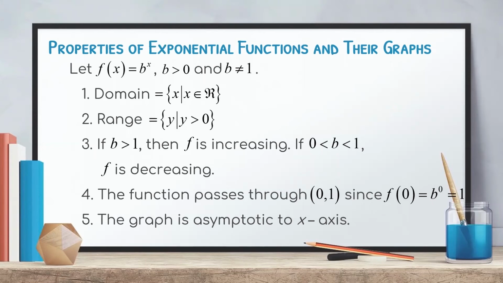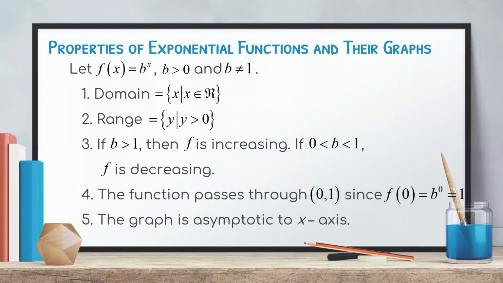Let f of x be equal to b raised to x, where b is greater than 0 and b is not equal to 1. Domain is the set of values of x, wherein x is an element of real numbers. Range is the set of values for y, where y is greater than 0.